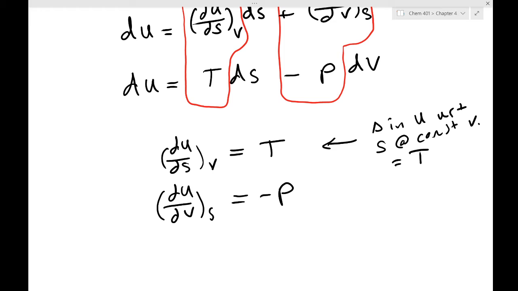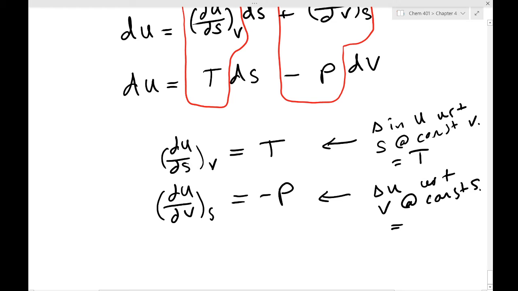Okay, so now you can see the power of these thermodynamic principles. In this case, the change in U with respect to volume at constant entropy is equal to negative pressure. Now you can imagine how difficult it would be to design an experiment where you had constant entropy.